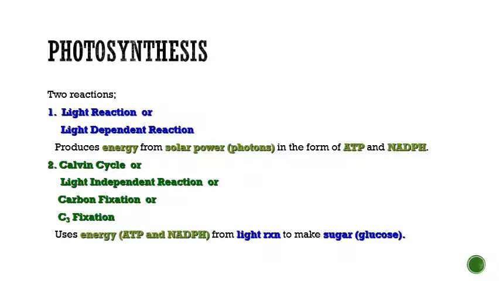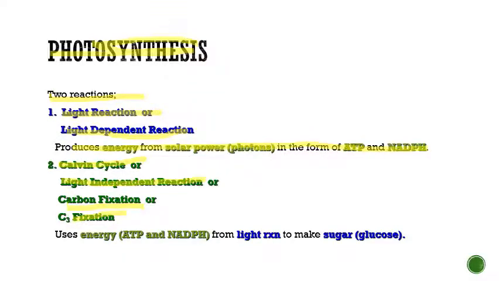Now coming to the mechanisms or the reactions involved in photosynthesis, there are mainly two reactions. The first one is the light reaction or the light dependent reaction, and the second one can be called the Calvin cycle or the light independent reaction or carbon fixation or C3 fixation. We can call it different names. In light reactions, it produces energy from solar power or the photons in the form of ATP and NADPH.